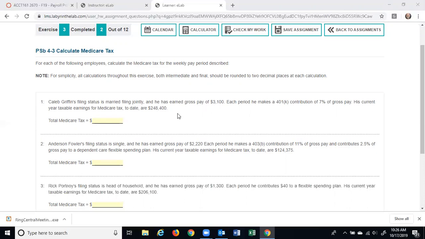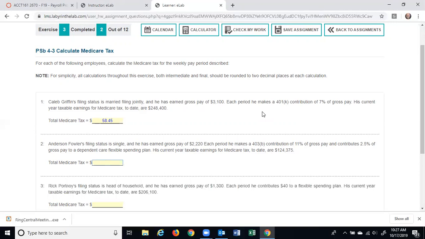We add the total Medicare deduction from the employee above at 1.45%, and we add it to the $13.50 that we've just calculated as additional Medicare deduction that comes from the employee's check, and that's $58.45. So we would enter $58.45 here.